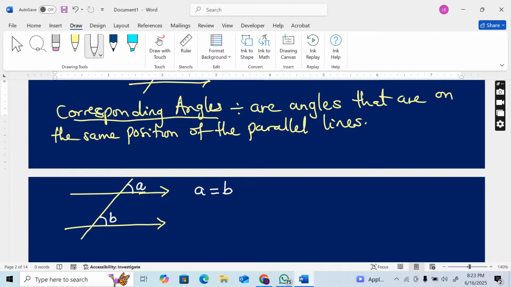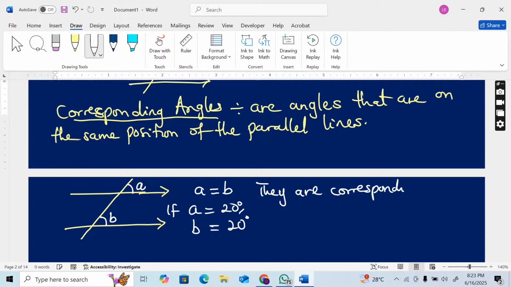It means if angle A is 20 degrees, angle B will also be 20 degrees. So if A is equal to 20 degrees, B is equal to 20 degrees. They are corresponding angles.